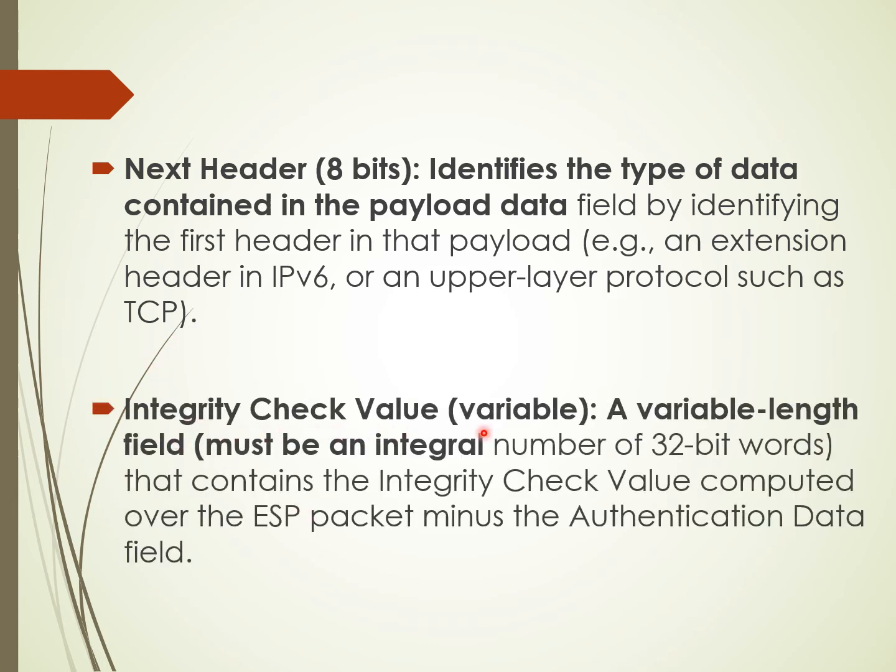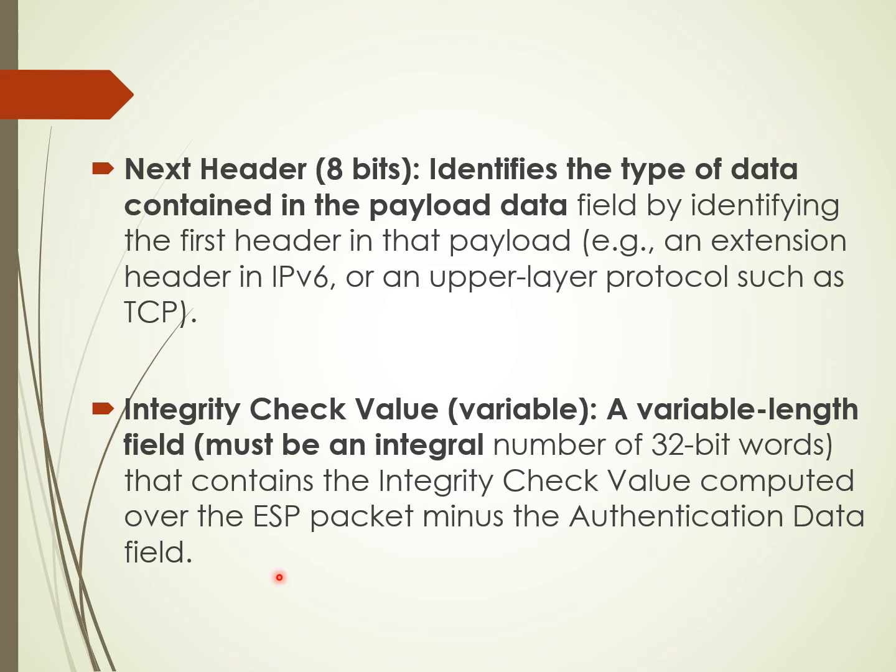So, integrity check value: a variable-length field, an integer number of 32-bit words again, that contains the integrity check value computed over the ESP packet minus the authentication data fields.